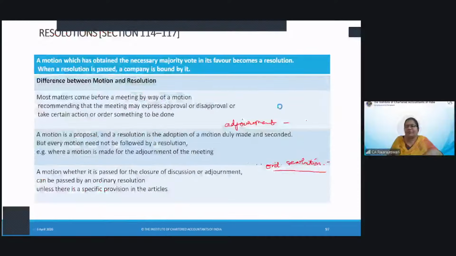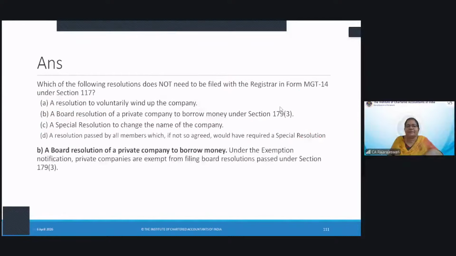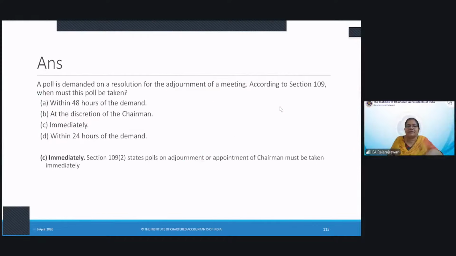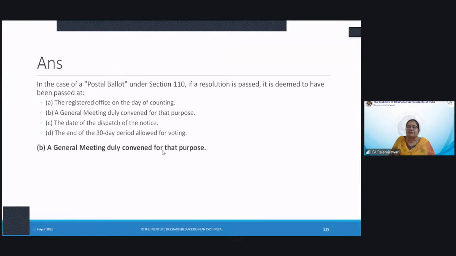So what should be the answer for this? Now you read the question. In the case of postal ballot under section 110, if a resolution is passed, it is deemed to have been passed at: the registered office on the day of counting, or a general meeting duly convened for that purpose, date of dispatch of the notice, or the end of the 30-day period allowed for voting?